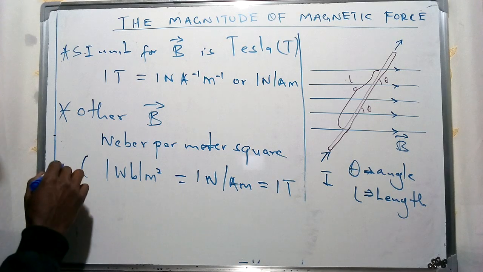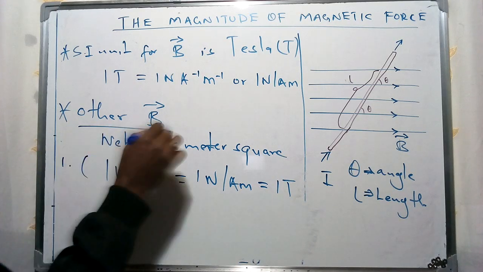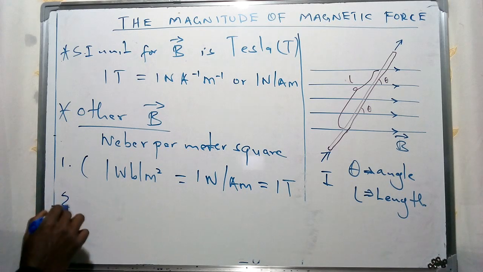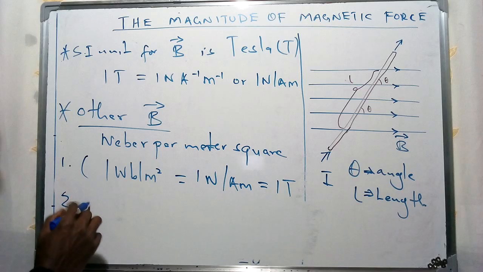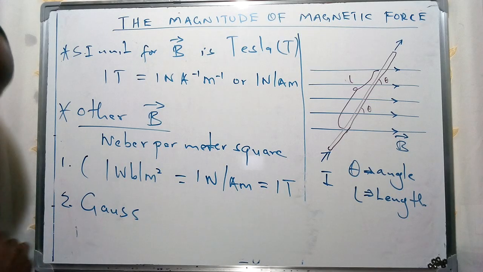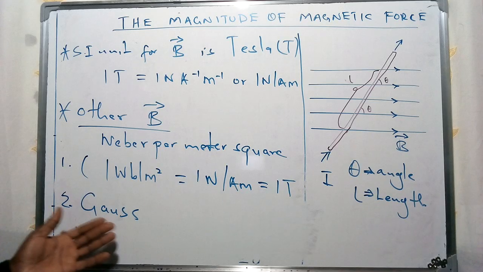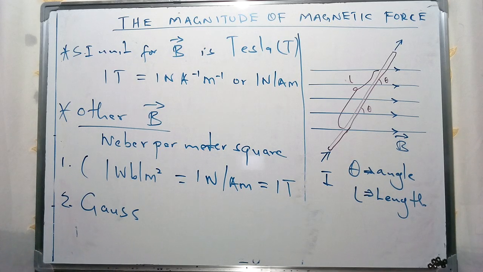So these are the other derivations which we're going to use for this specific magnetic field. The second one is given in terms of Gauss. And these units of Gauss are, as I had mentioned earlier, in honor of Johann Carl Friedrich Gauss, who was a German scientist whom we're going to come across in various aspects of mathematics and sciences.